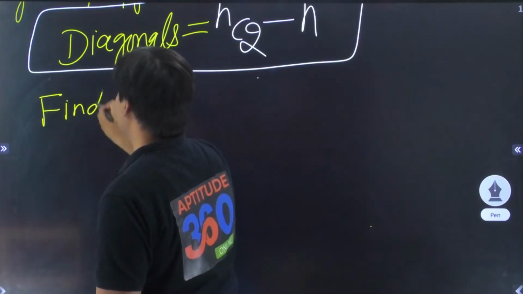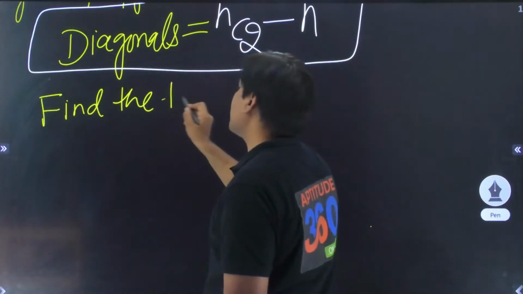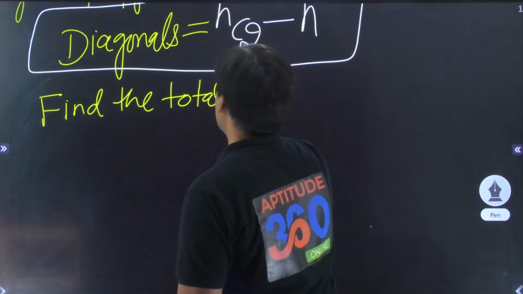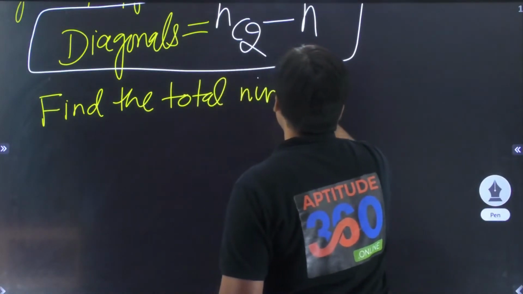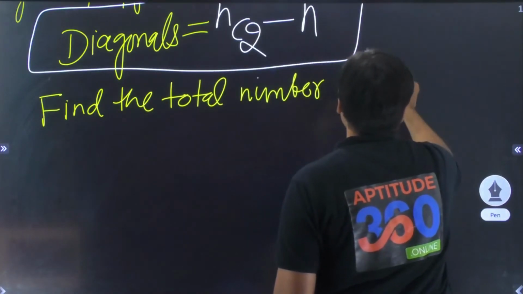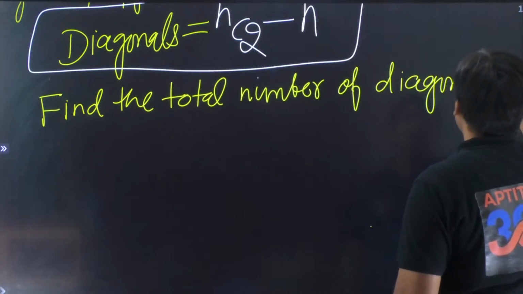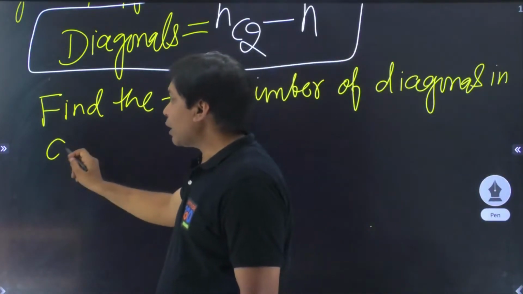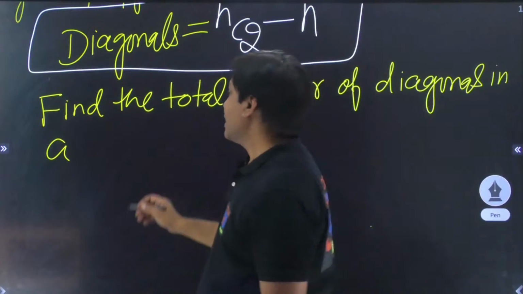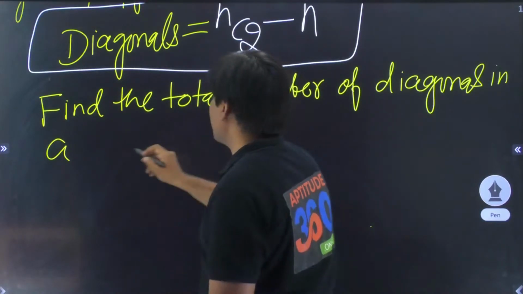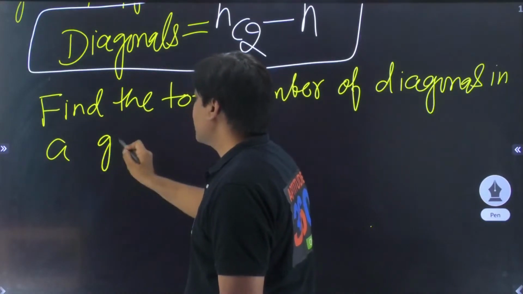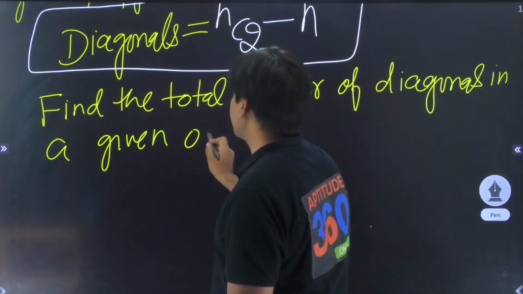Find the total number of diagonals in a given octagon. And now this was a problem in UPSC CSAT. Find the total number of diagonals in a given octagon.